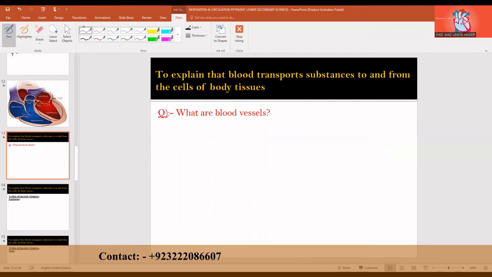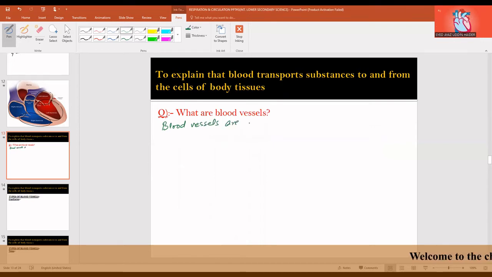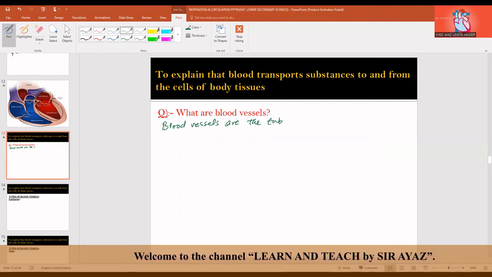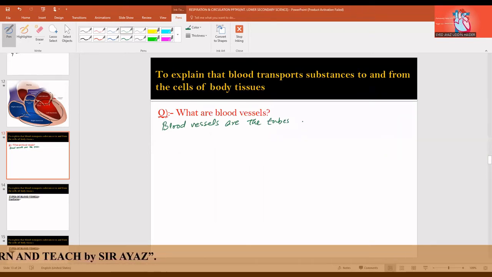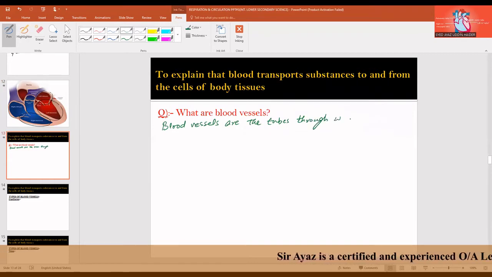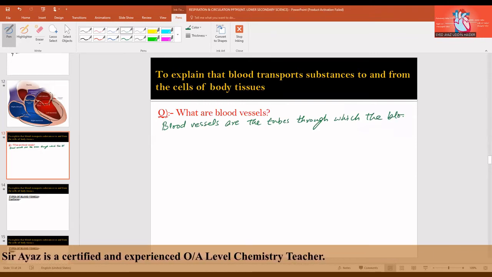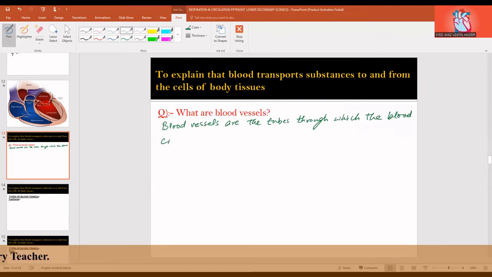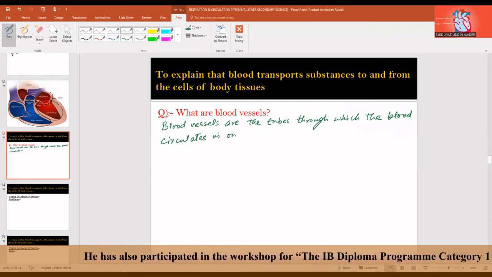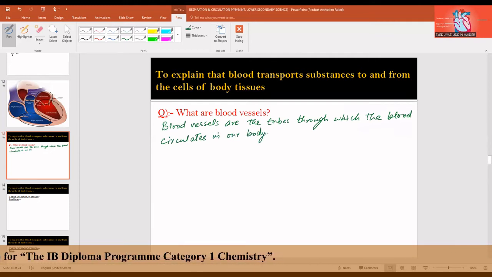What are blood vessels? Well, these are the tubes through which the blood circulates in our body.